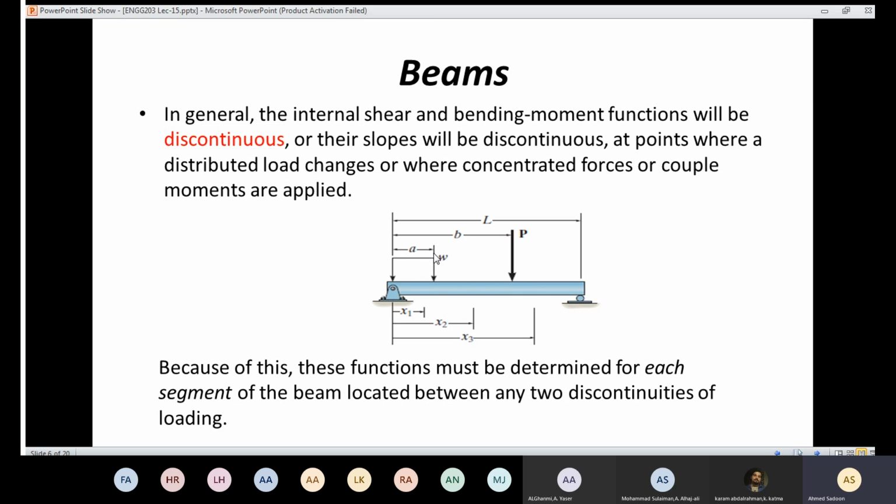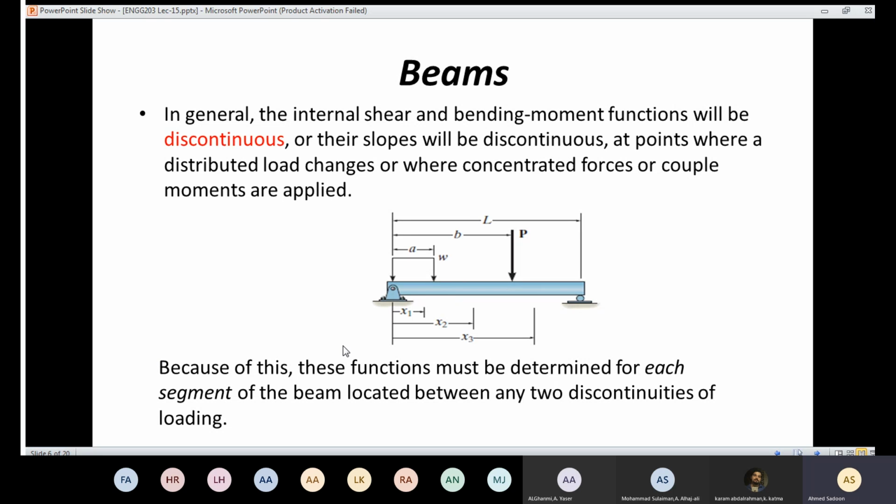So here I have discontinuity, and I need to take another section in order to represent that region. Then I'm going to have a concentrated force, and that concentrated force will also create discontinuity. Then I need another section in order to represent that region. So whenever I have points of discontinuity, it means that I need to have a new section.